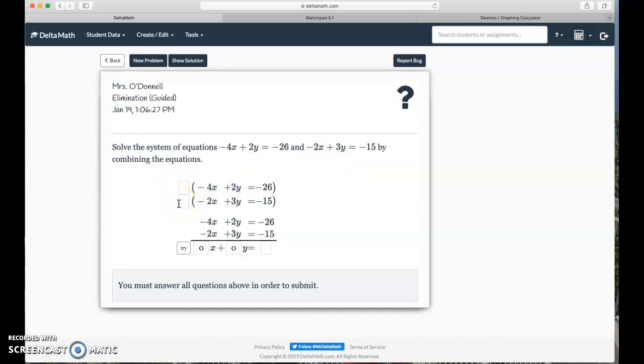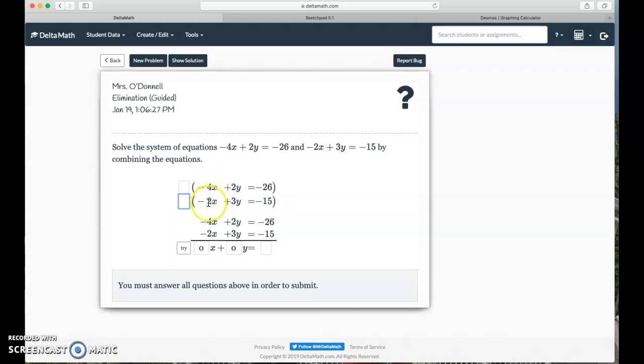So I'm going to say that what they want us to do with the boxes is to determine if we're going to add or subtract the two equations, right? Unfortunately, neither one of these equations have variables with matching coefficients.